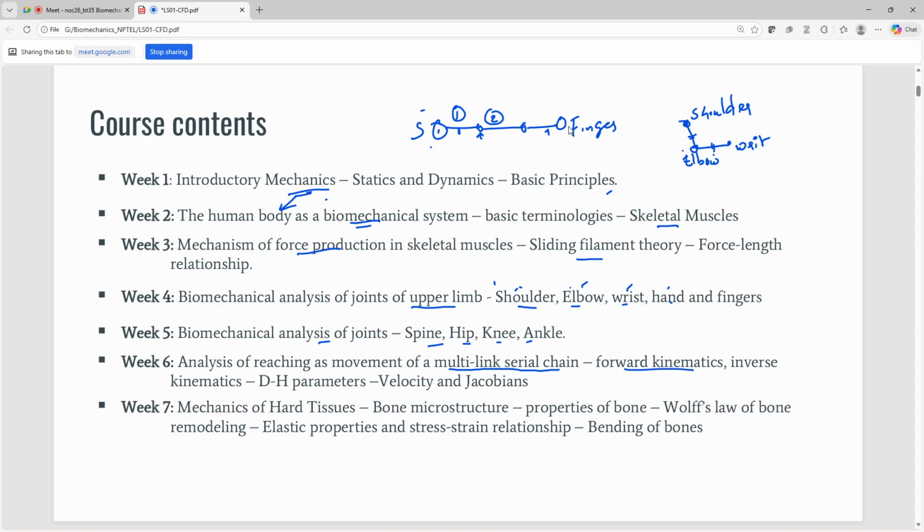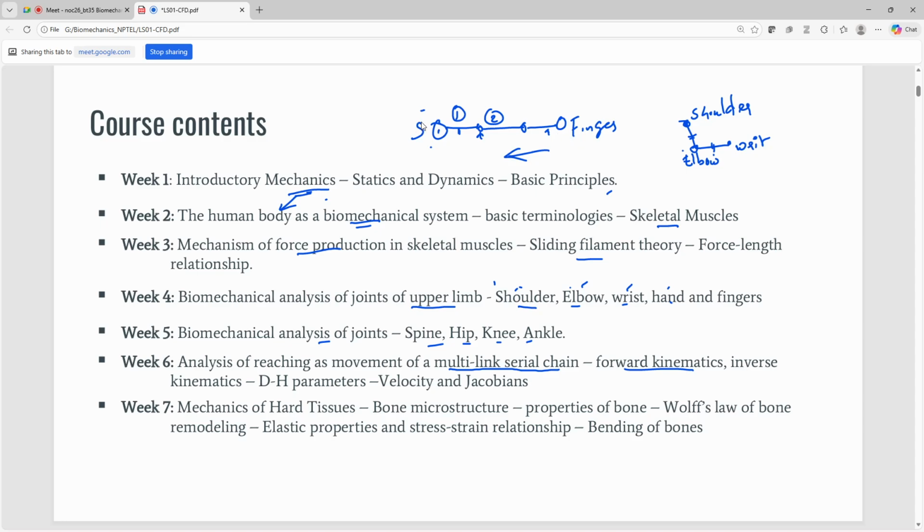Suppose we need some particular motion at the fingertip, so that we want to move our finger and touch a particular object. Then what should be the force or degrees of rotation done by the shoulder? We are backward calculating.